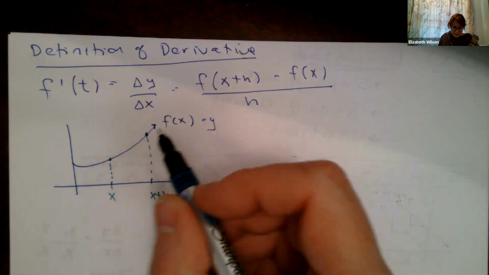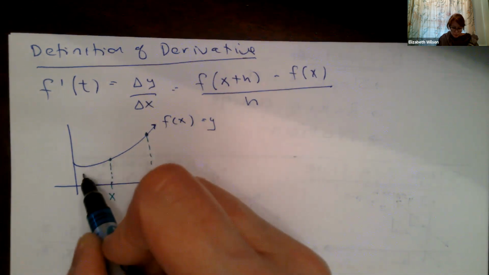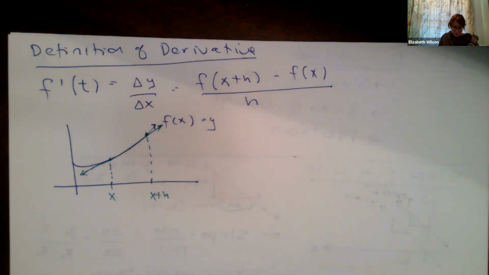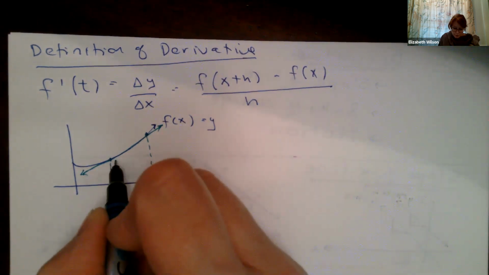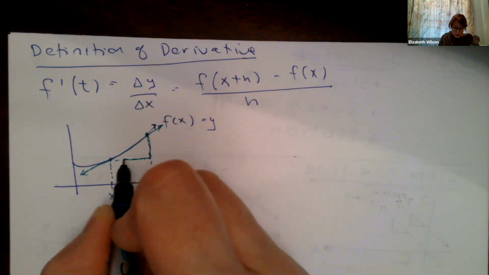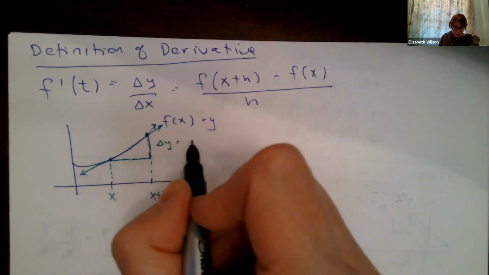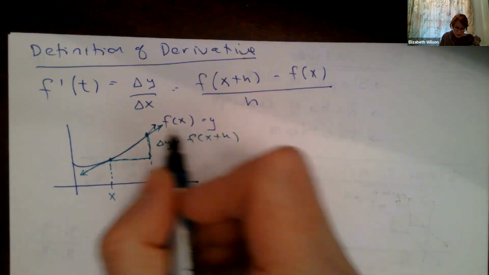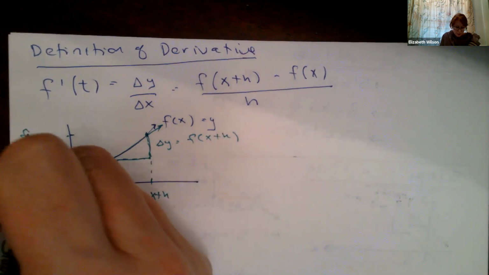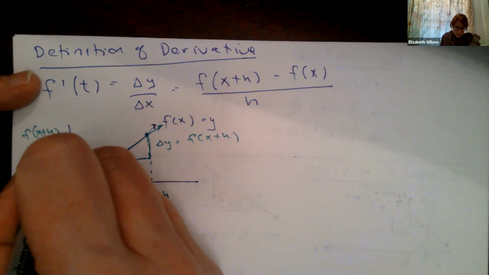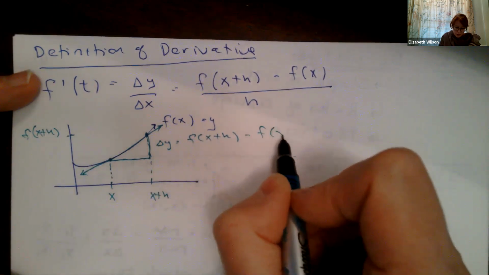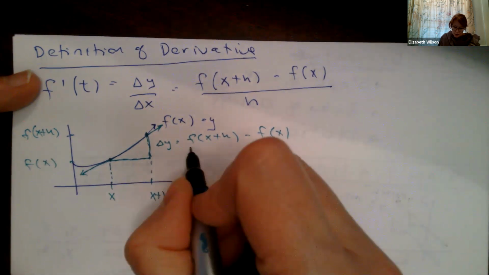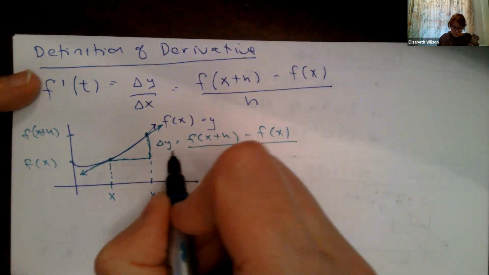And what I'm going to do is take the slope of the line between these two particular points. So remember, this is delta y, which is equal to my function at x plus h, so f of x plus h minus f of x, all over my change in x.